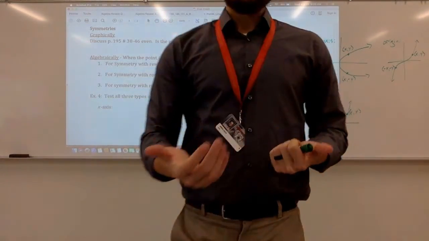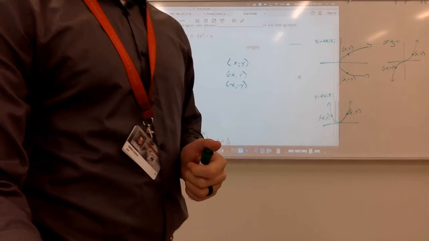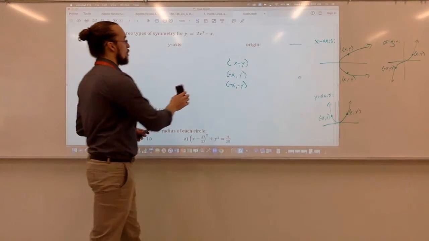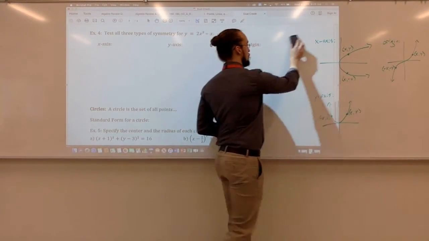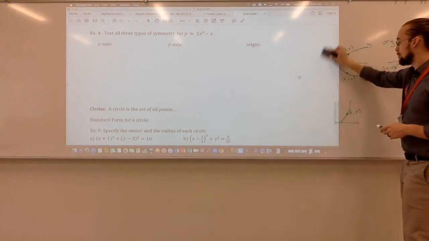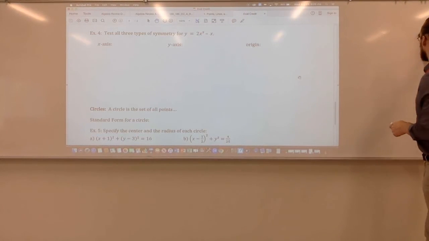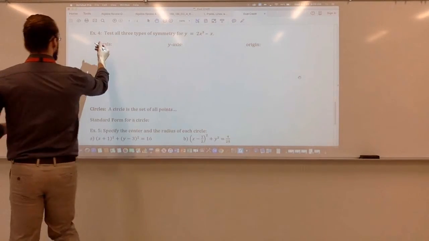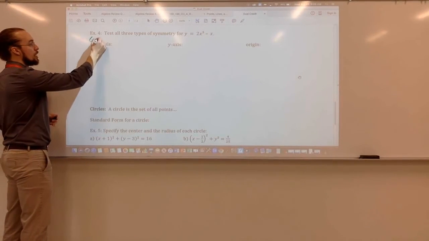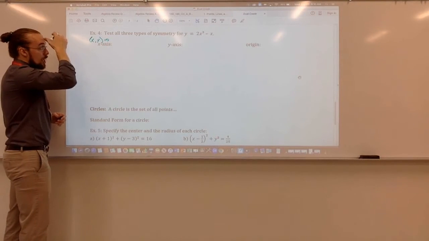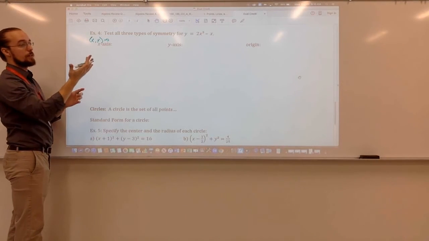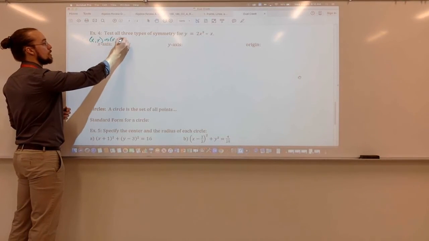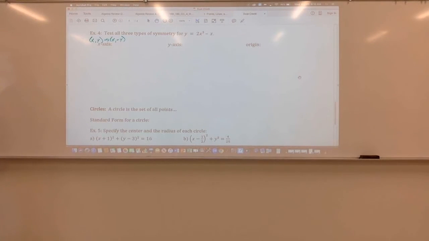So let's look at what it would mean to actually test this in an actual example. If I want to test for all three types of symmetry, from this equation here, y equals 2x cubed minus x, what we're going to do, if I'm testing for symmetry across the x-axis, this was the one where if we have the point x, y on the graph, I'm flipping across the x-axis, so that's the same x coordinate, opposite y coordinate.